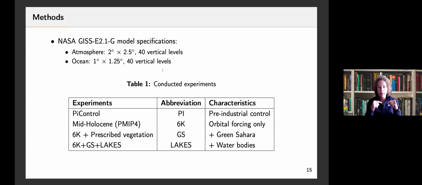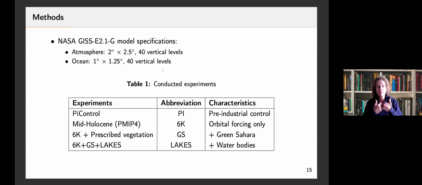The next experiment is what we call our mid-Holocene. That's part of CMIP, the Climate Model Intercomparison Project, that looks at paleoclimates, and it has an acronym of its own. It's called the Paleoclimate Model Intercomparison Project, PMIP, and it's already on its fourth version, which just means that the models are getting better.